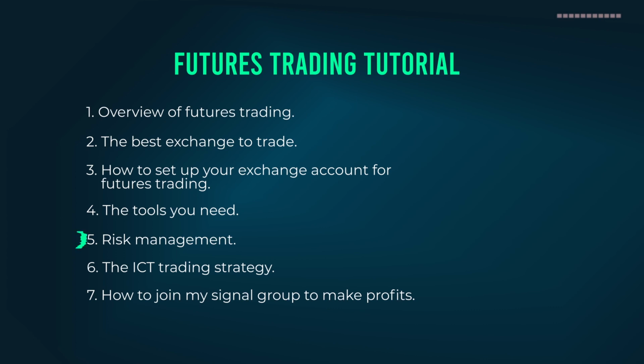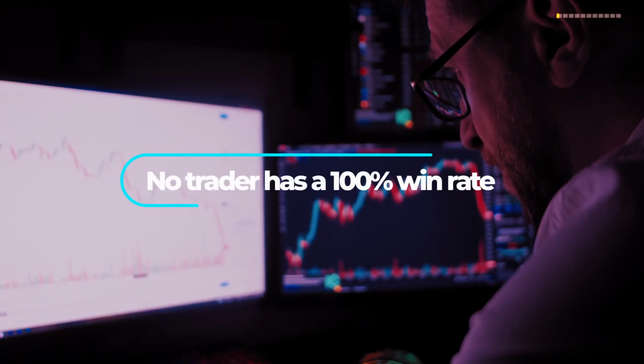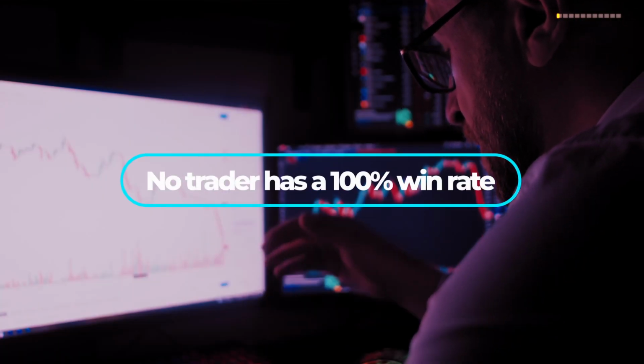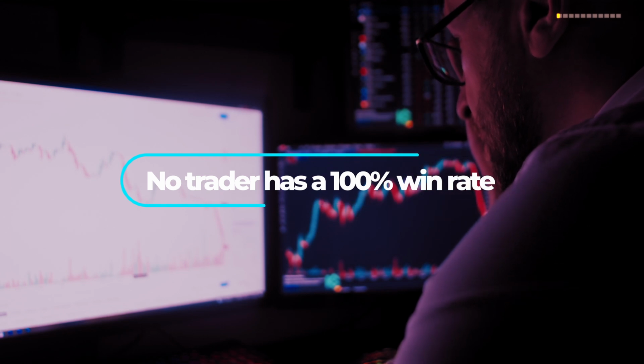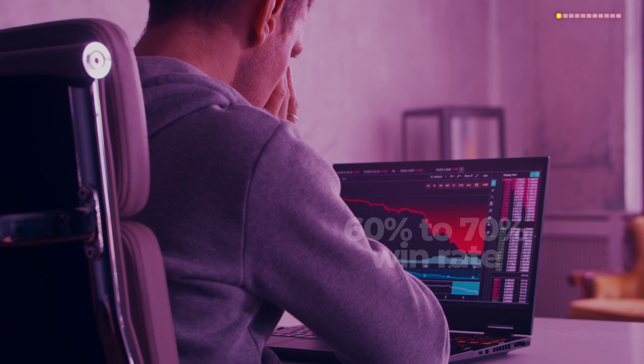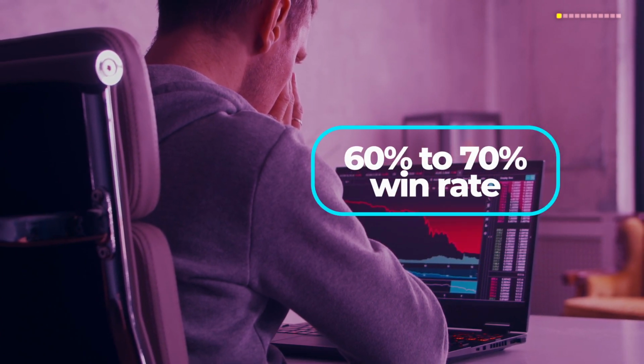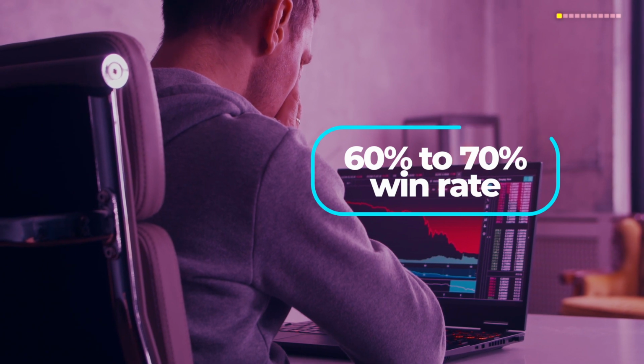The next thing is risk management. The app we use for risk management is the Crypto Position Size Calculator by Afibie, the one I developed. Guys, the truth about trading is that no trader has a 100% win rate. Sometimes there are losses. It is inevitable. If a trader has a 60 to 70% win rate, that trader is a pro.